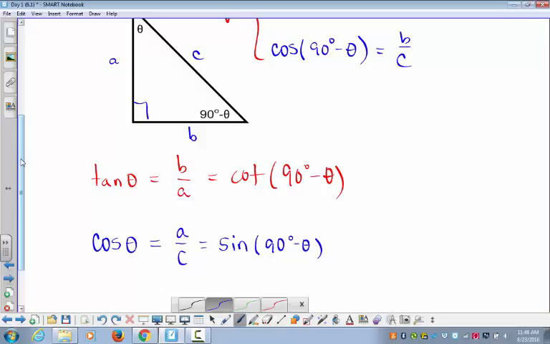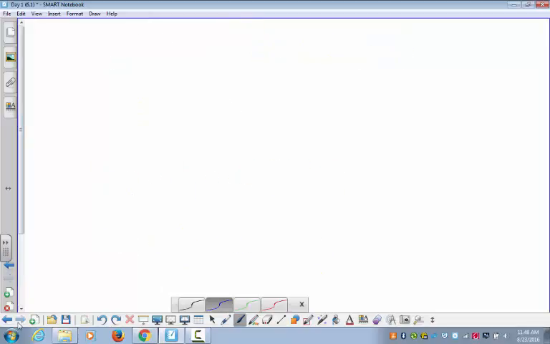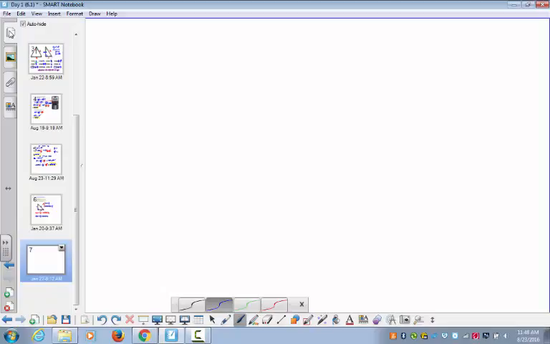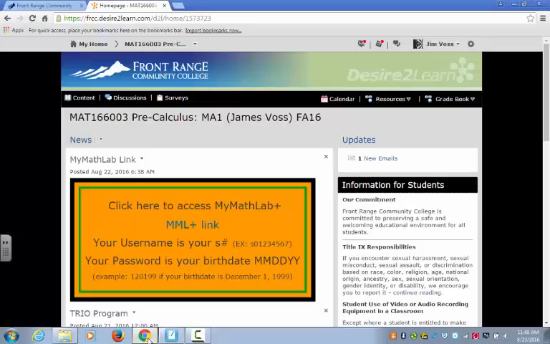So let's look at a specific example. I thought there was a specific example there. I will get one. Let's go get one. I had inserted it.